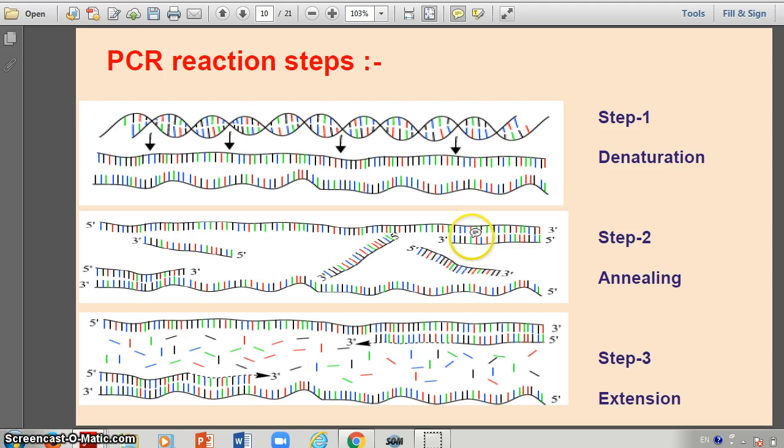You can see here, these are the reverse and forward primers. These are short oligonucleotide chains. It's not a longer DNA; it's a short nucleotide DNA fragment. So there is annealing between primers and DNA.